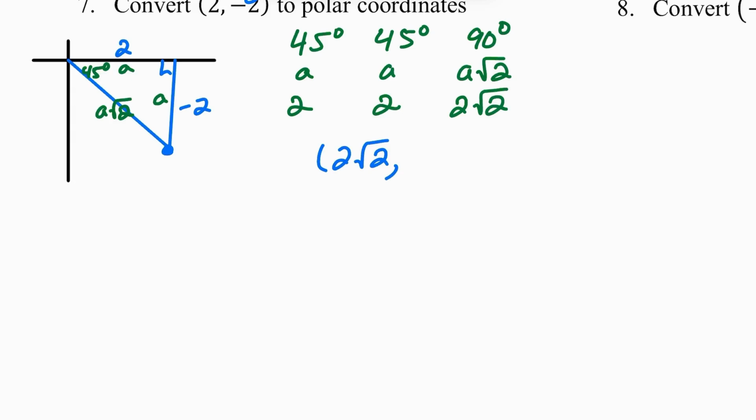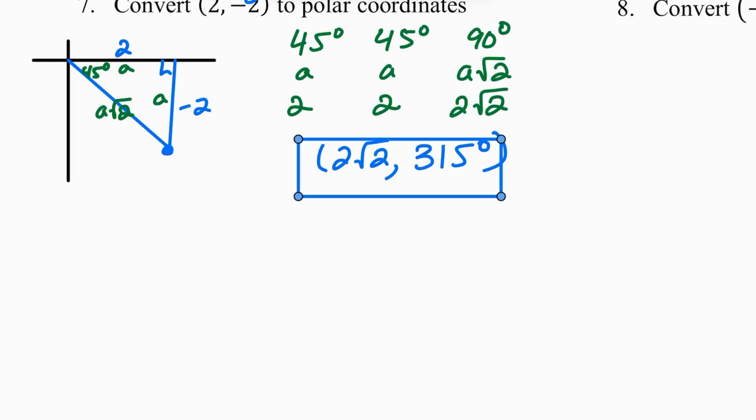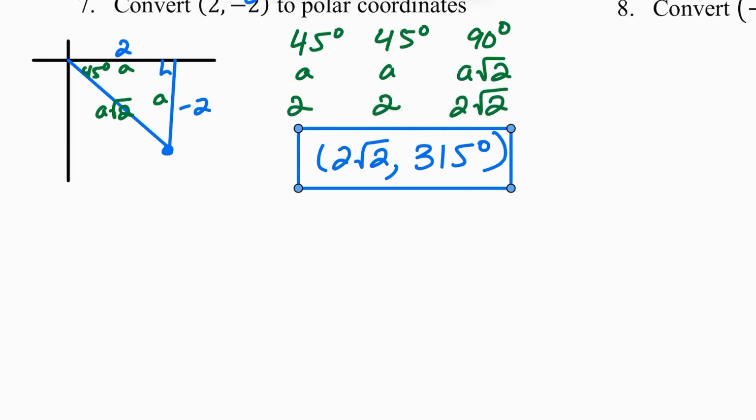But then I know that this triangle is in quadrant 4, and the reference angle is 45 degrees. So again, there are a couple of ways you can do it. If you want to stick to just 0 to 360, what is 45 degrees in quadrant 4? It's 315. So that's one answer that you can give me. You can also give me negative 45 degrees. That would be a quick answer.